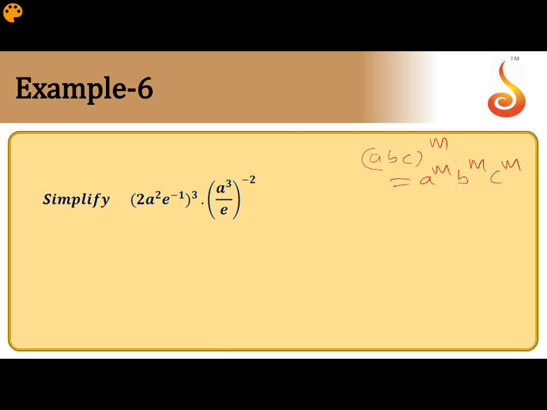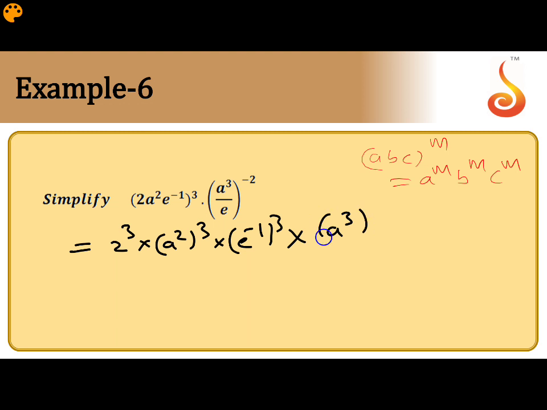Here also the same thing. Let us start with the first: 2 cube into a square whole cube into e power minus 1 whole cube, into a cube whole power minus 2 divided by e power minus 2.